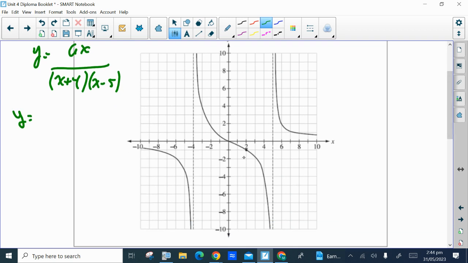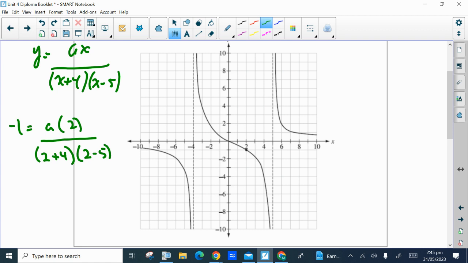This graph clearly shows that the point 2, -1 is on the graph. That means it must satisfy the equation. Y will equal -1 when x equals 2. This is going to allow us to find out what A is. That is a point on the graph.